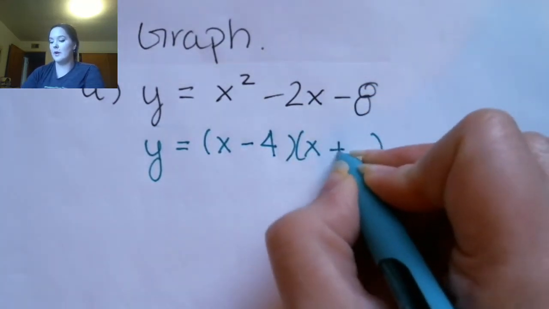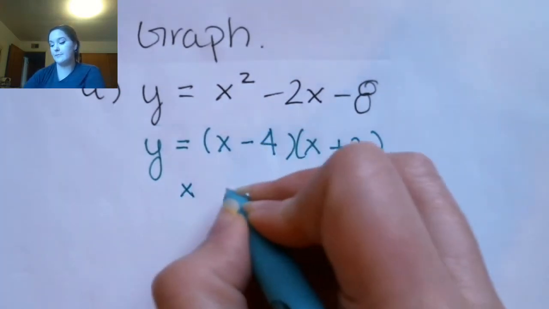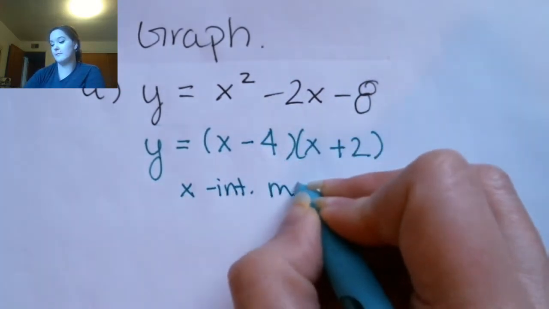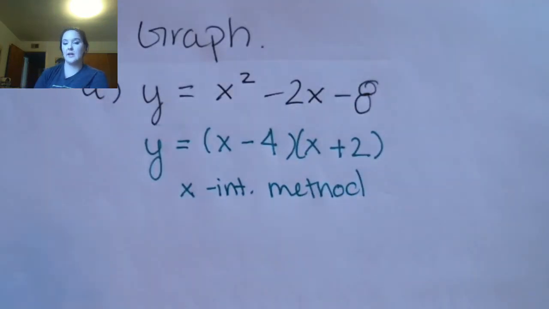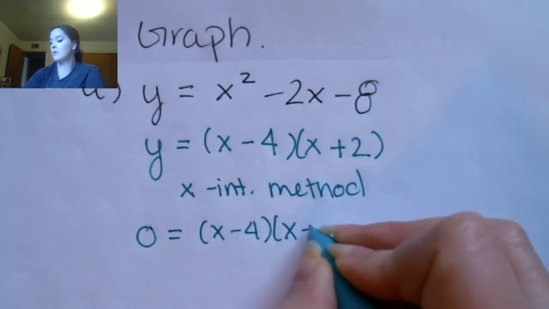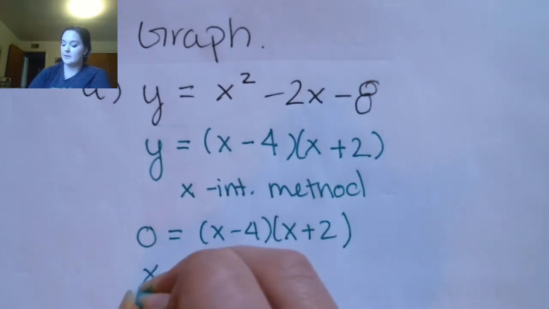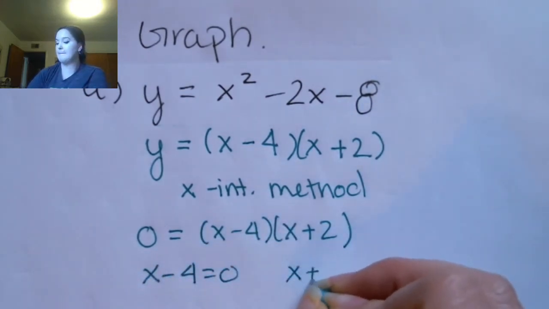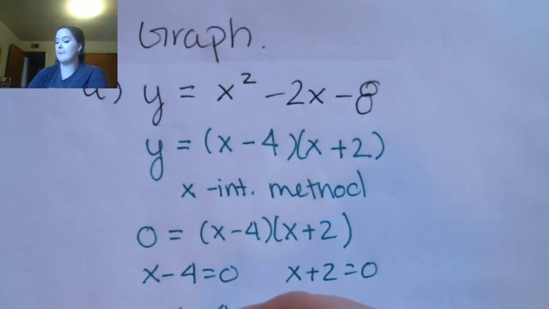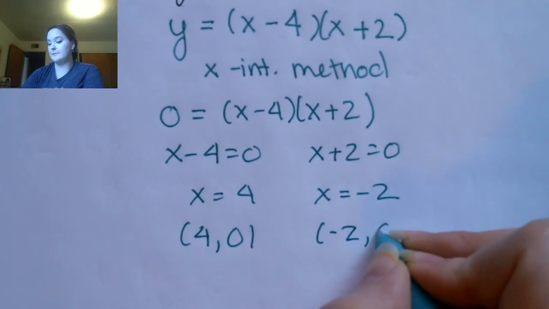Yes, -4 and +2. Because this factors, I'm going to use the x-intercept method. I'm going to find the x-intercepts by setting y equal to 0. Now I can set each of my factors equal to 0, and I have my two x-intercepts, 4 and -2.